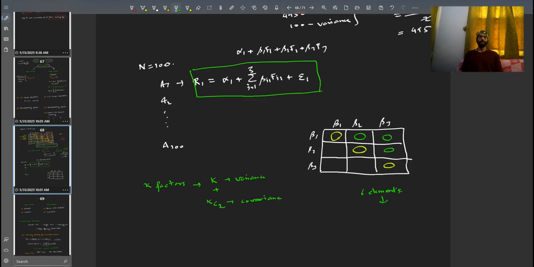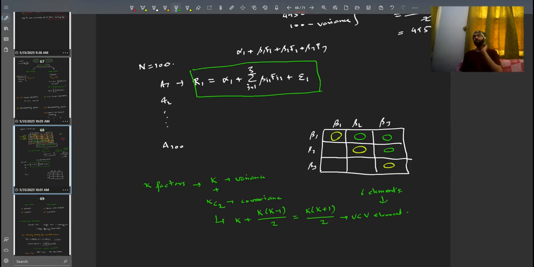Now if you simplify it, you get k plus k into k minus 1 by 2. This simplifies to k into k plus 1 by 2. This many VCV elements will be there in a factor-based VCV matrix.